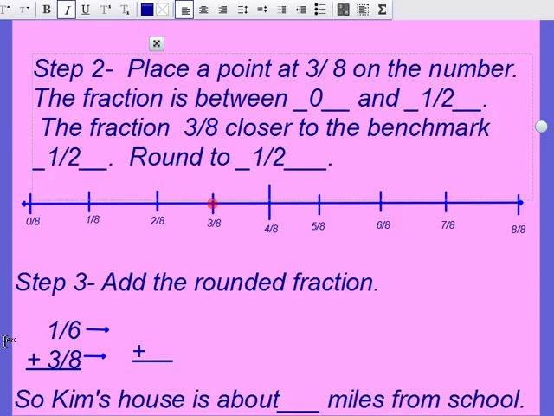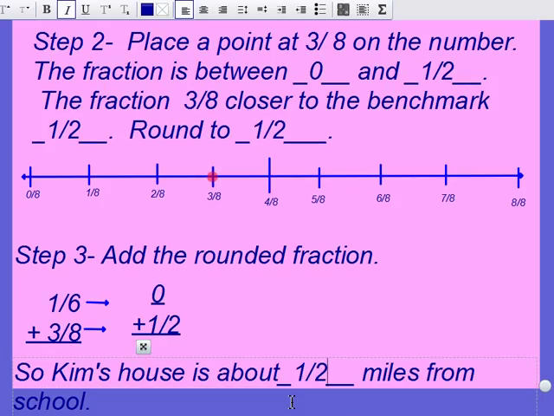So if I look at this down here, 1/6 is the same thing as 0, plus 1/2, and so my answer is going to be about 1/2, because 0 plus 1/2 is about 1/2 mile from the school.